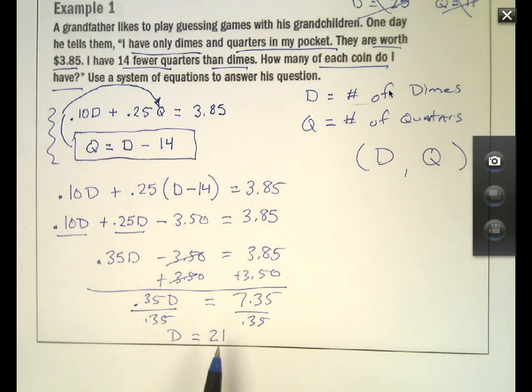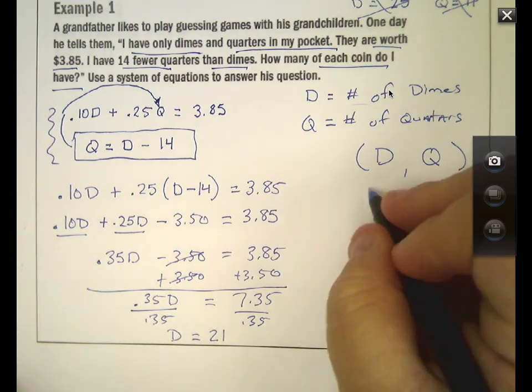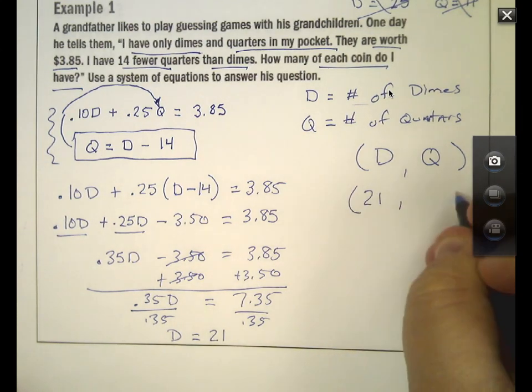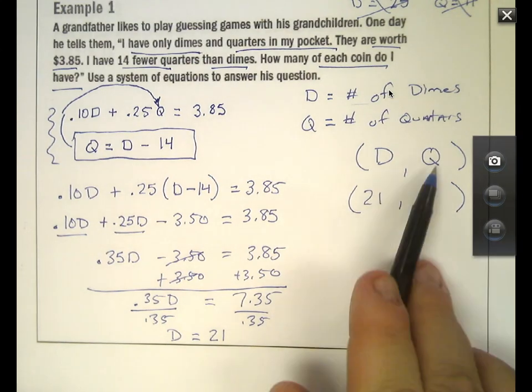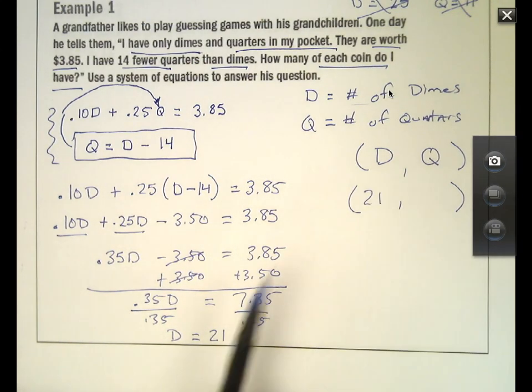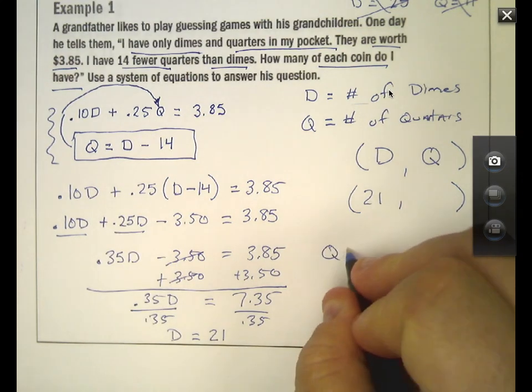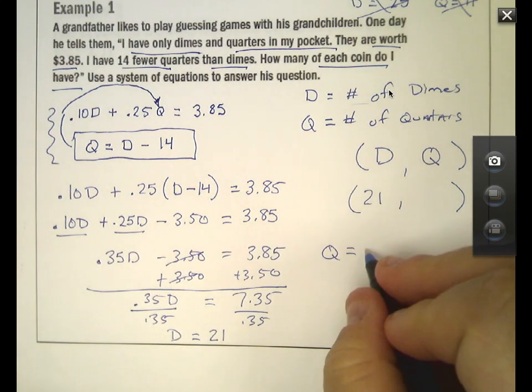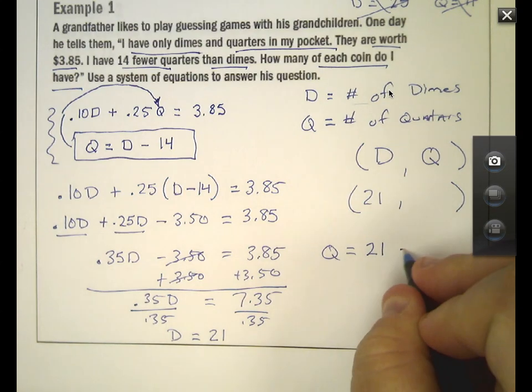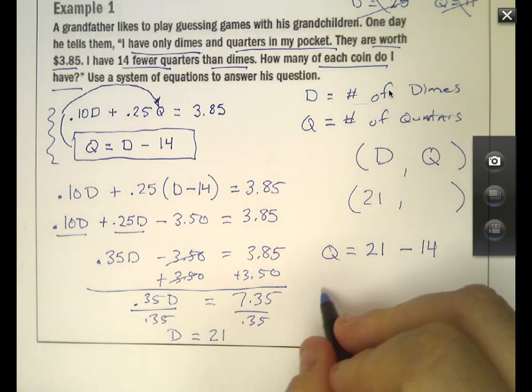Now, should you expect to get a whole number? Yes. Why should you expect to get a whole number? Well, we can't have 21.5 dimes. You have to have a whole number here. So we have 21 dimes. If I have 21 dimes, how many quarters do I have? Well, I put 21 right in here for D. So Q equals 21 minus 14.